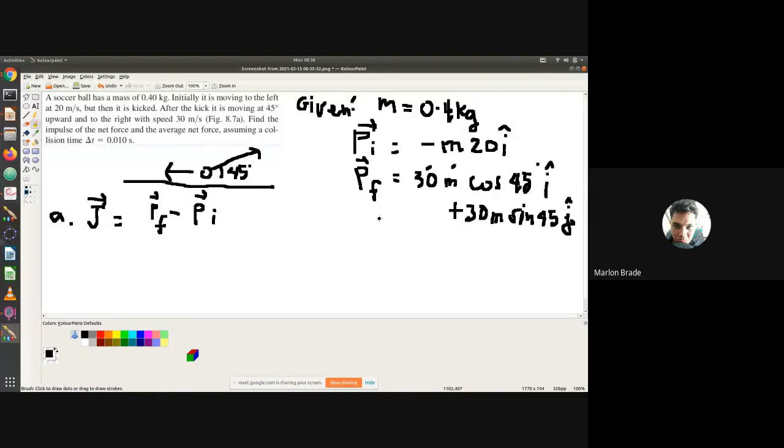So, ang imong P final na to is 30 meter cosine 45. So, ang imuhang initial is, naara siya I hat, tuwa siya J hat. So, ang imuhang final na siya both I hat and J hat. So, this is now equals to 30 cosine 45 multiply by the mass m.